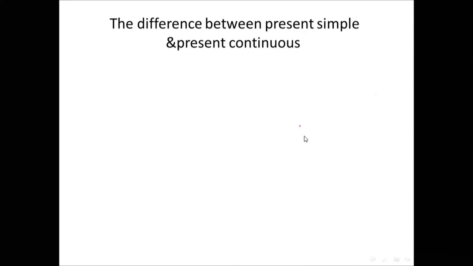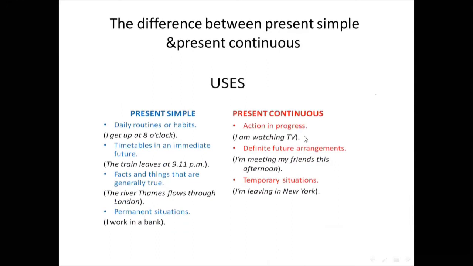Now here is the difference between the present simple and the present continuous according to the uses. Present simple we use for daily routine and habit, while present continuous we use for an action that is in progress. We use it for timetables, in an immediate future timetable, meaning scheduled events.